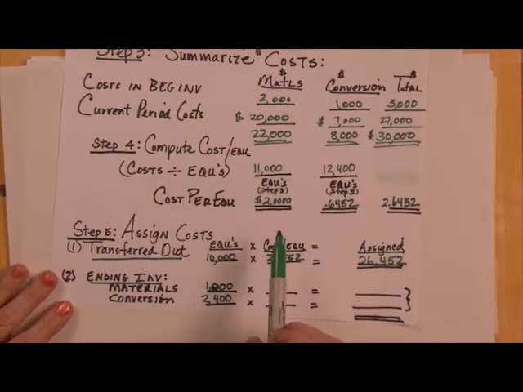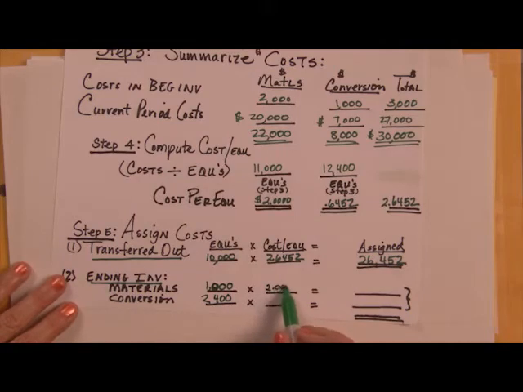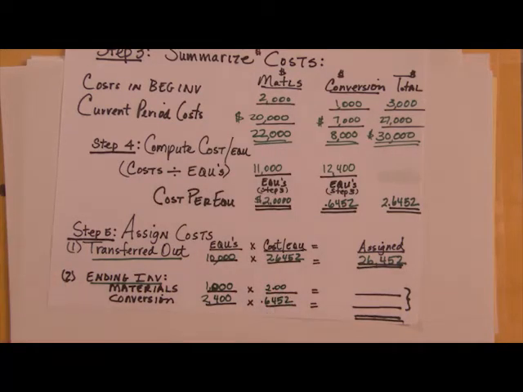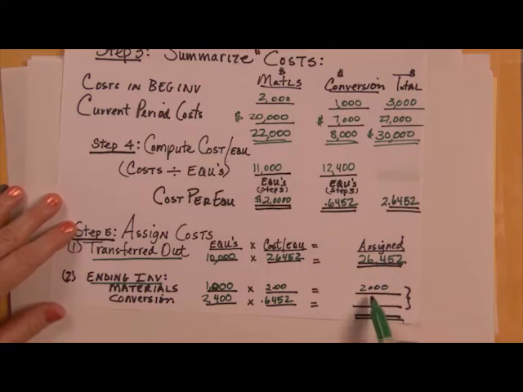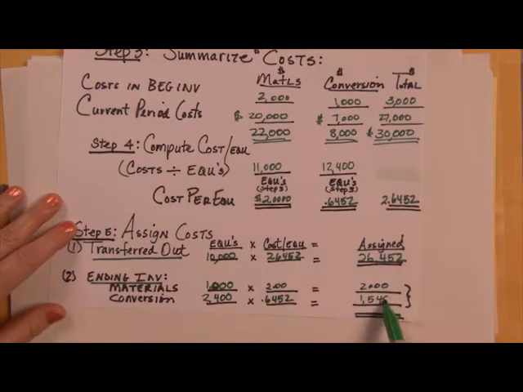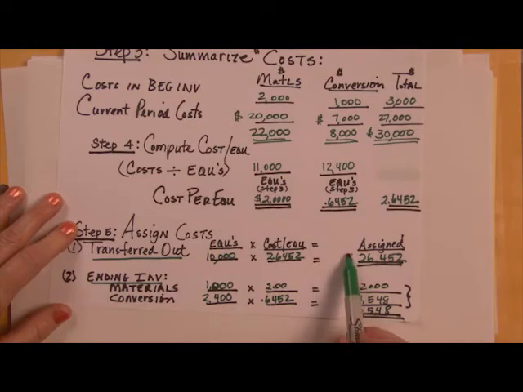And now we simply bring down the costs that we calculated earlier for materials. For conversion, we do the calculation. We get 2,000. We get 1,548 for a total of $3,548.